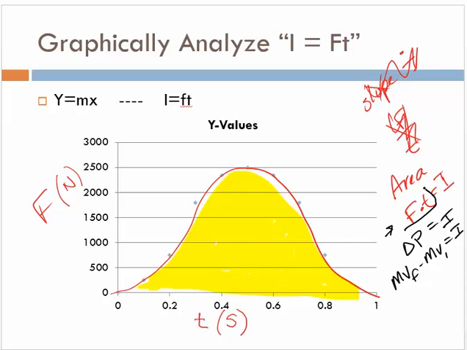Well, if this is equal to impulse and this is equal to impulse, then what we can say is that the force times time is equal to mvf minus mvi. And in several occasions, what we're going to find out is the initial momentum is equal to 0, so it goes away. Not always, but sometimes this right here is going to go to 0. So you're left with just force times time equals the final momentum.